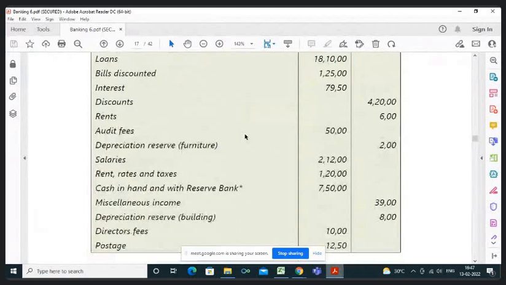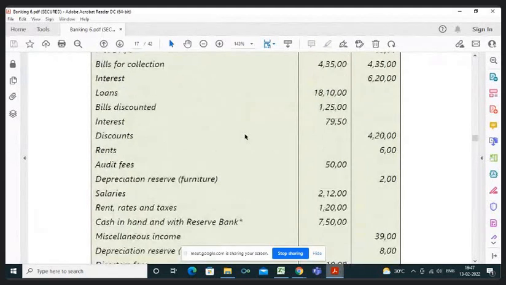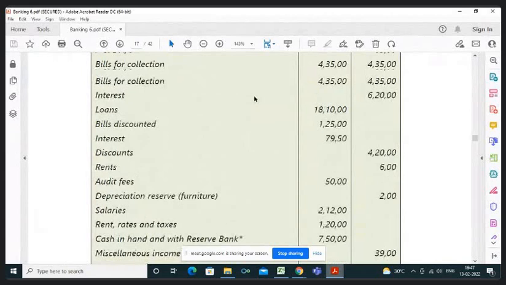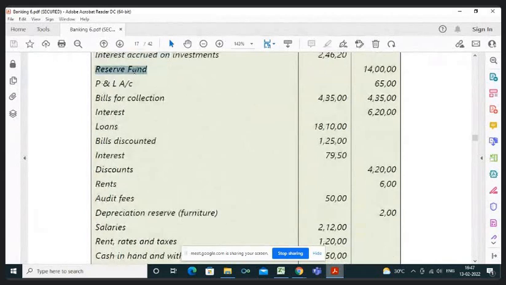Then we will move on to the reserve fund. What is a reserve fund? It's part of the reserves and surplus schedule in the balance sheet. There we have to give the opening balance and addition or deduction during the year and the closing balance. In that format we have to give.